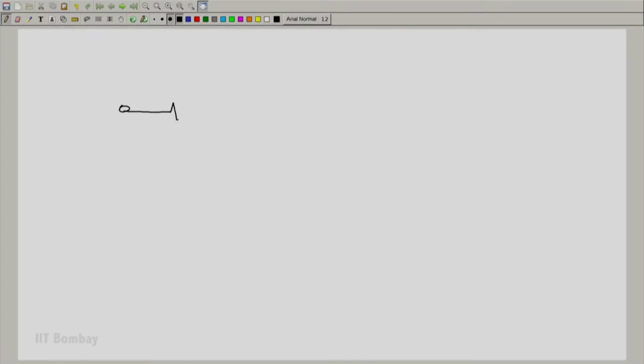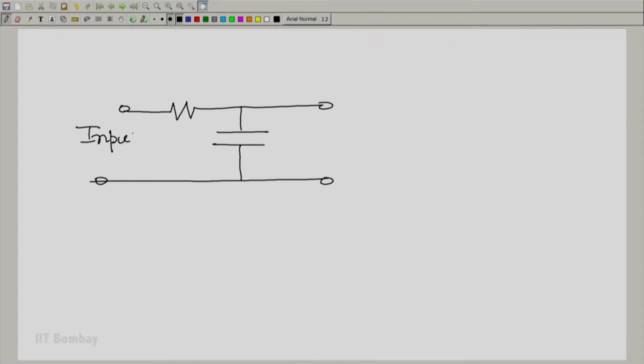Let us see. So, I have a simple RC circuit like this, resistive capacitive circuit, and here I describe this in terms of its frequency response. So, this is the input and this is the output. Of course, the input and the output are voltages here.